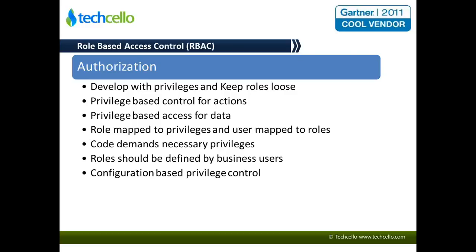And you code against the privileges and not for the roles. To be precise, when you are adding a customer, you check if the user has the add privilege permission, and not for the role, like if it is an admin, allow him to do that action.